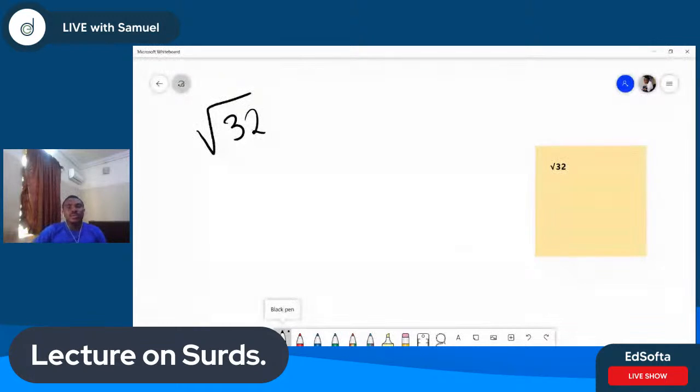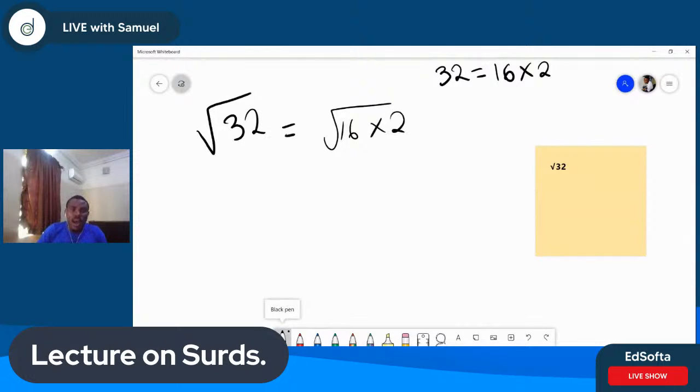Now, mind you, 32 is also equal to 16 times 2. So what we can do is write this as root of 16 times 2.